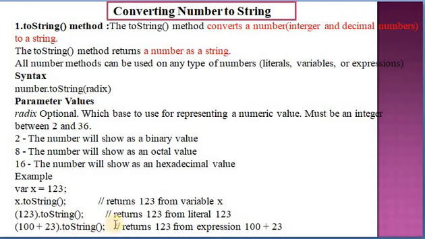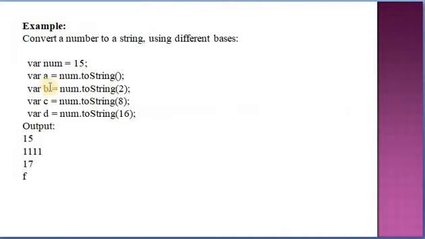Here this is the expression, it will return "123" from the expression 100 plus 23. It will return "123" from the literal 123. This is the toString method. Next, second example, in this we convert a number to string using different bases.